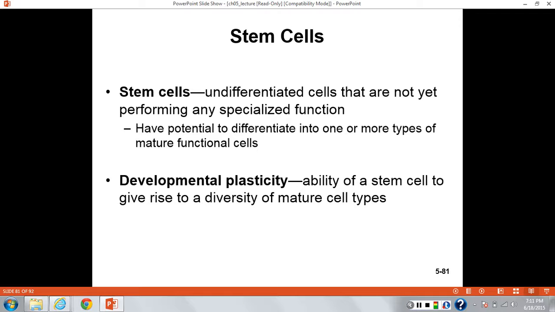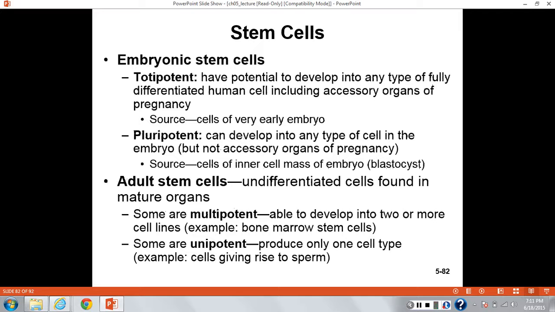Alright, we talked about stem cells and what role they play from a medical standpoint. Alright, pluripotent, totipotent. Pluripotent can develop into any type of cell in the embryo. Totipotent have the potential to develop into any type of fully differentiated cell, including accessory organs in pregnancy.